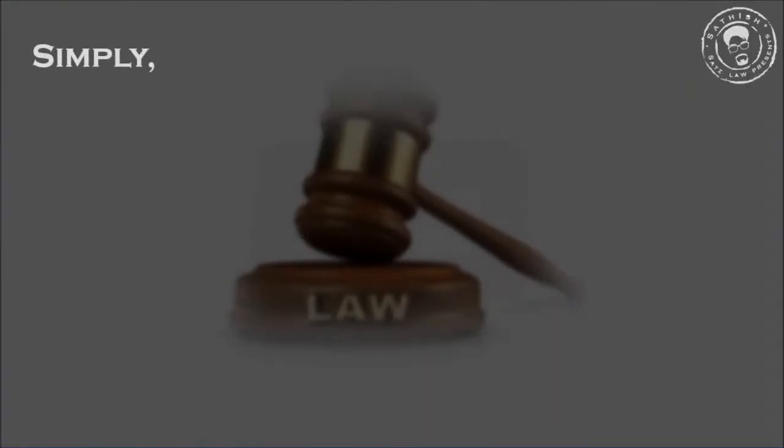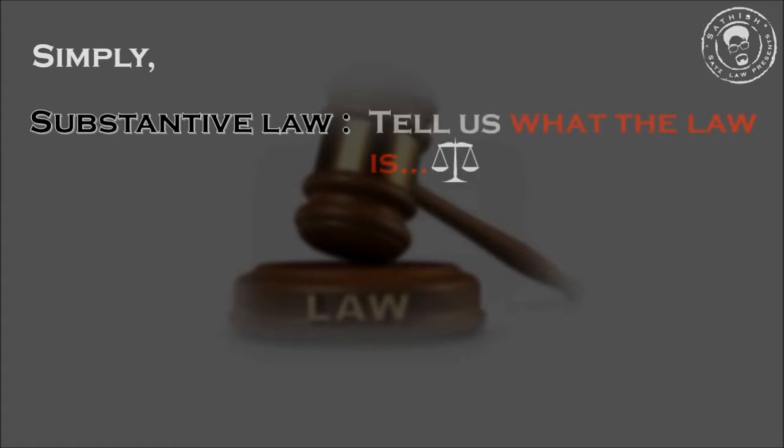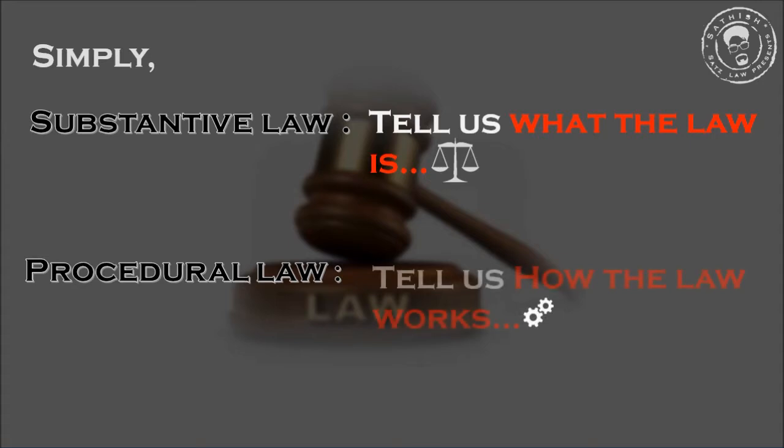Simply, substantive law tells us what the law is. Procedural law tells us how the law works. I think that is more than enough to understand substantive and procedural law.